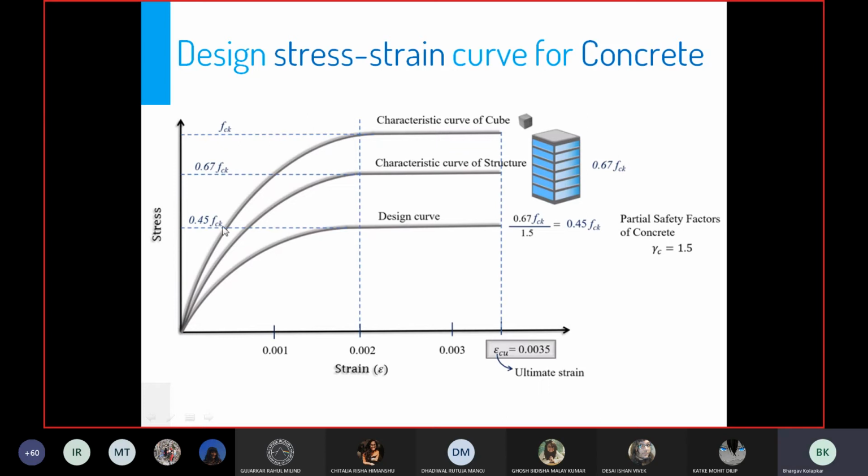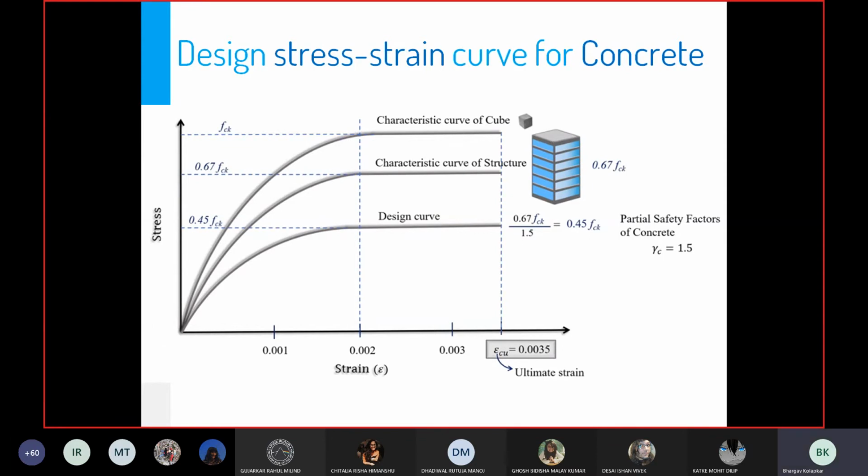It is parabolic up to a certain strain, that is 0.002, and then, just like steel has a yield stress where it does not resist any further increase in the deformation, similarly, for this there's an increase in the strain without any increase in the stress. So we have a parabola rectangle curve.